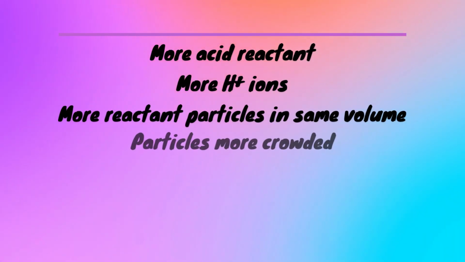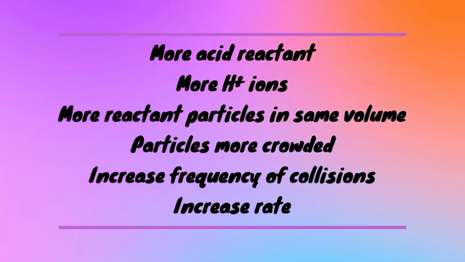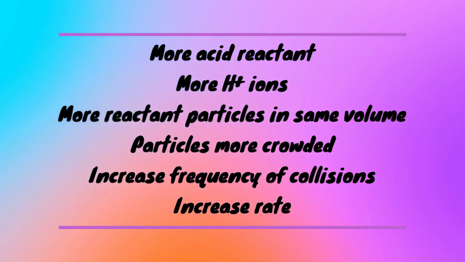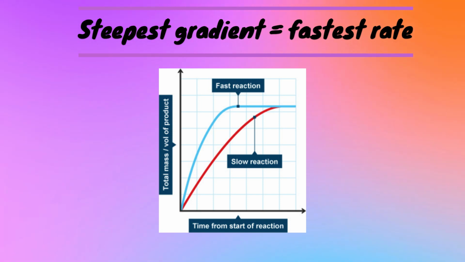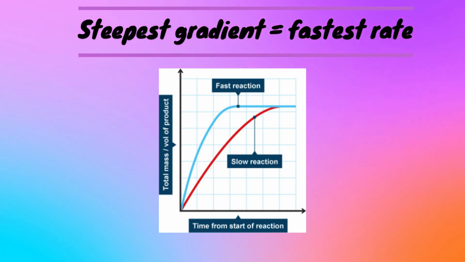Now as we're increasing the dissolved reactant, we've got more H+ ions, we have more reactant particles in the same volume, and this means that our particles are more crowded. We're going to increase the frequency of collisions, and that would increase the rate. Please use the exact wording that I am using, because this is the sort of stuff that pops up on mark schemes. And if we plotted a graph of our results, it would be the acid with the steepest gradient that would have the highest rate.